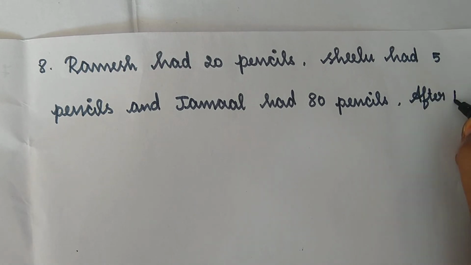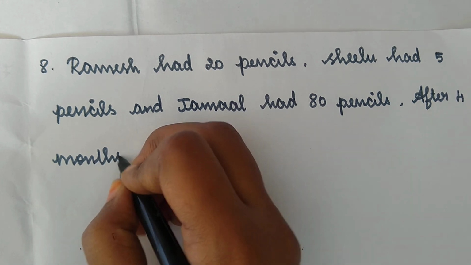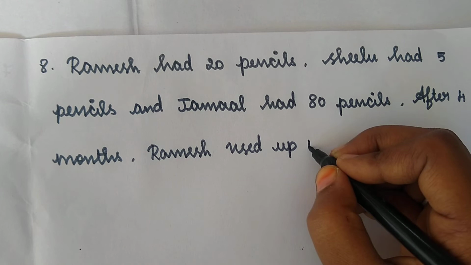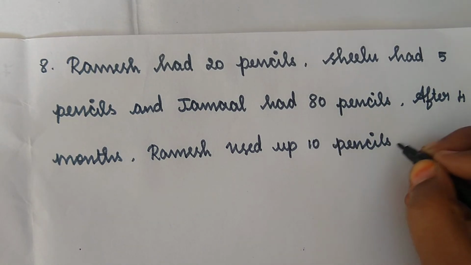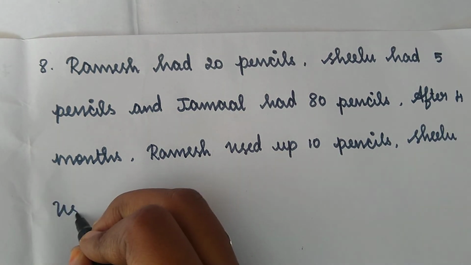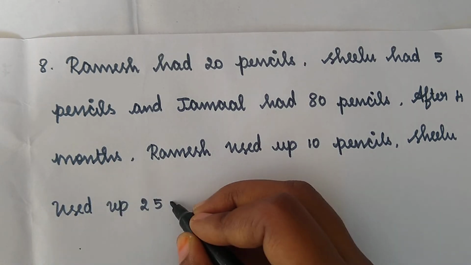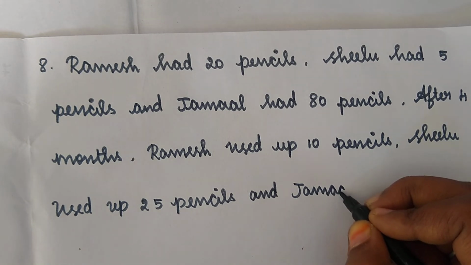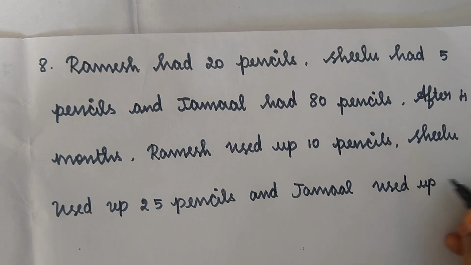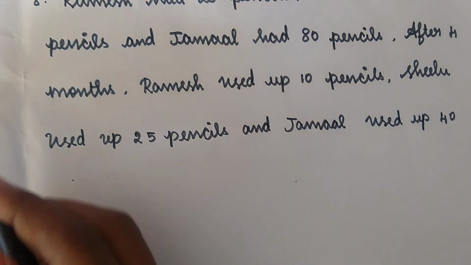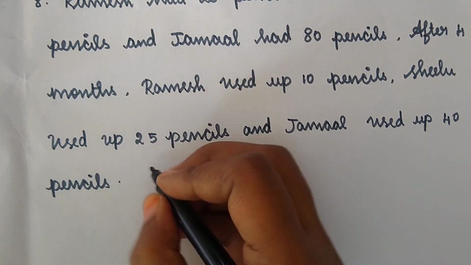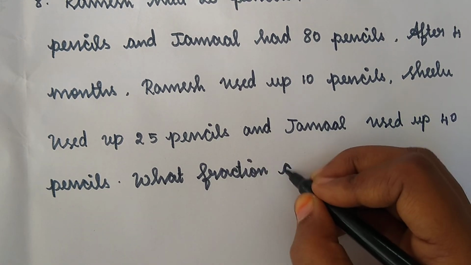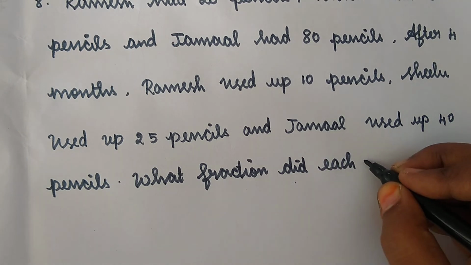After 4 months, Ramesh used up 10 pencils, Sheelu used up 25 pencils, and Jamal used up 40 pencils. What fraction did each use up?